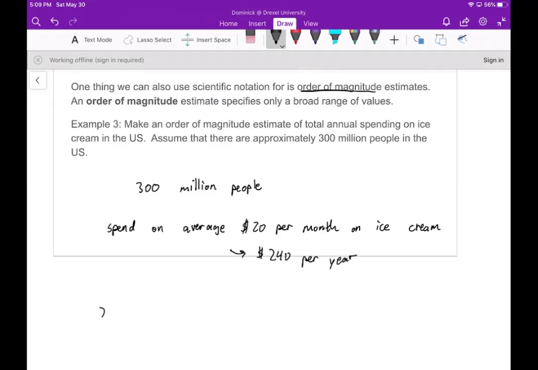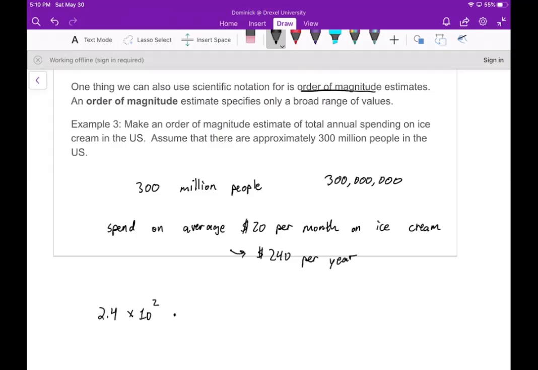Right? So then I'm taking 2.4 times 10 squared for the $240 per year, and I'm multiplying that by 300 million people, which would be 300 with 6 zeros after it.